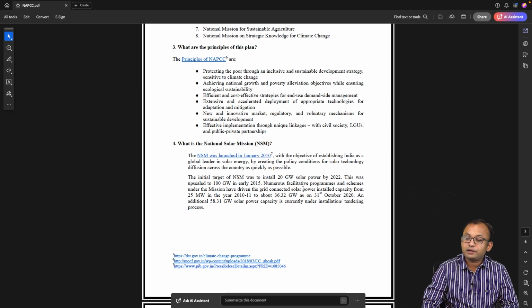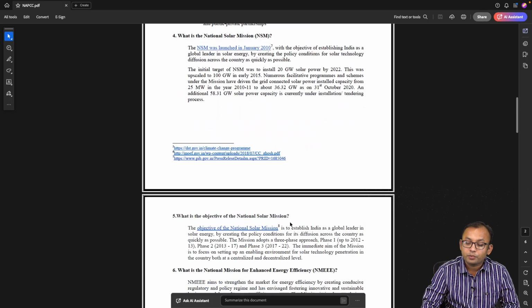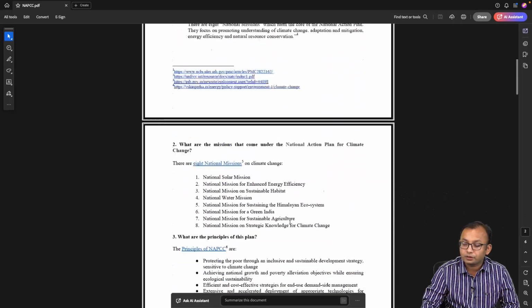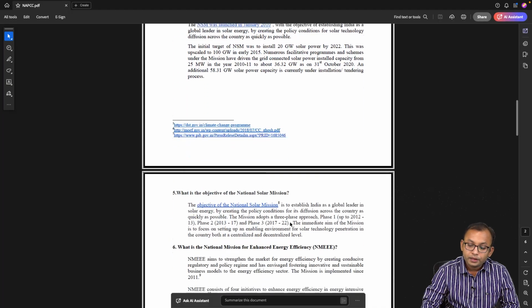Numerous facilitating programs and schemes under this mission have driven the grid connected solar power installed capacity from 25 megawatt in the year 2011 to about 36.32 gigawatt. Additionally, they have also planned 58.31 gigawatt of solar power capacity currently under installation and tendering processes. That is when this report was written, in 2021.